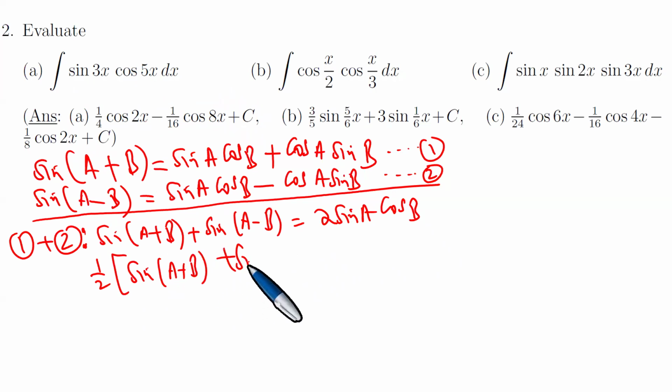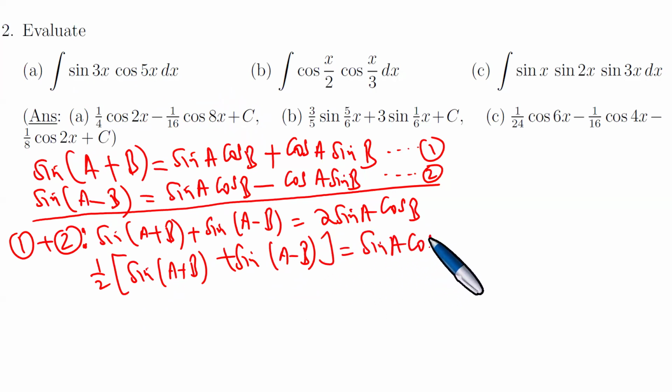The sine of A plus B plus the sine of A minus B is exactly the sine A cosine B. We get this.